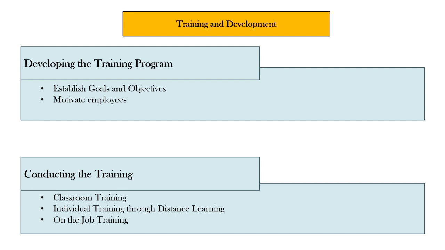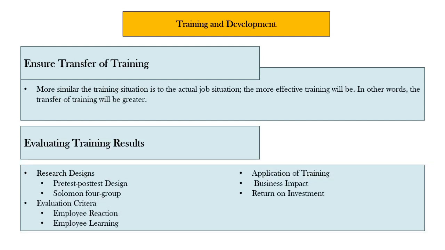Next, if we're going to conduct the training, we also ensure that there is a transfer of training. In the psychology of learning, we've learned transfer of learning. Since training is a form of learning, we're also trying to transfer training, and we should ensure that the training is really transferred to that employee.